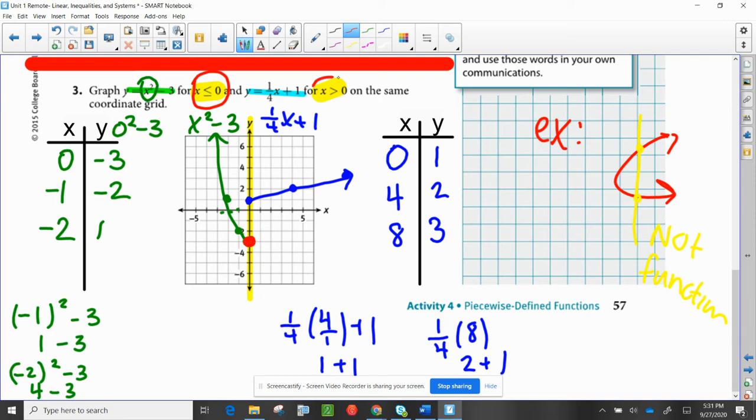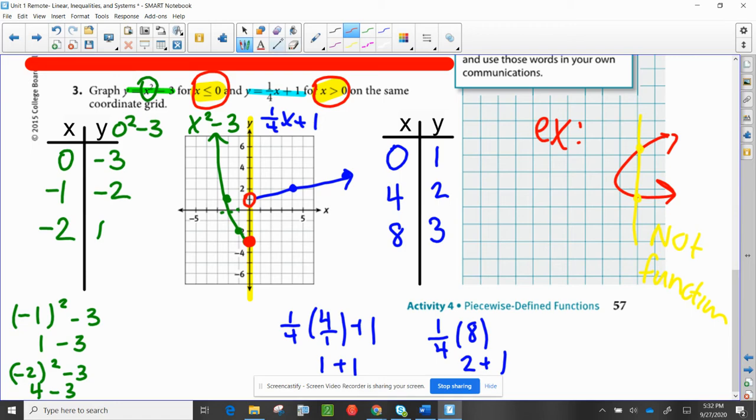On my blue line, it was only for x values greater than 0. So anytime we just have strictly greater than, we would use an open circle. So now this graph is actually only defined at the closed circle, and you have an open circle on the other function. So now it's technically a function. So we're going to deal more with that later, but that is our function.